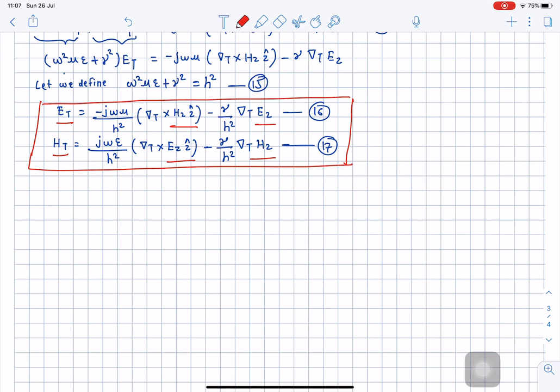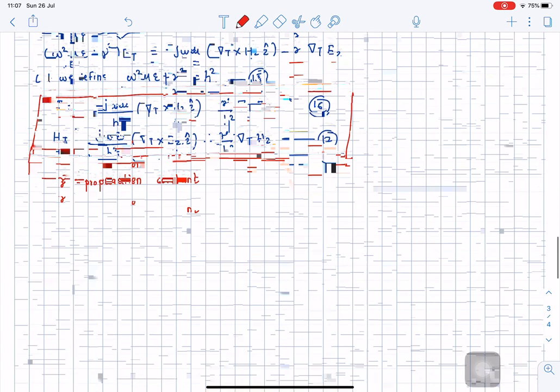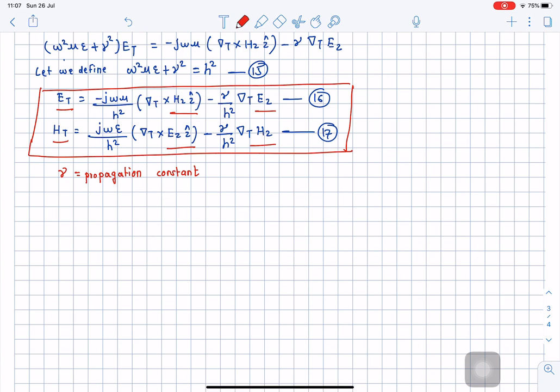Okay, so let us go a little bit further. Gamma here we call the propagation constant. Now you can recall from the theory of transmission lines how the propagation constant is expressed.